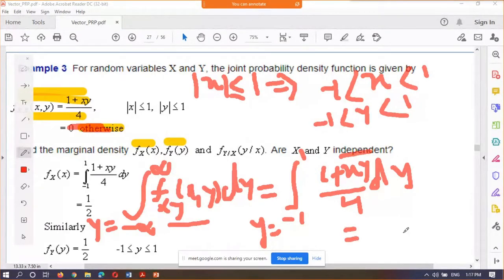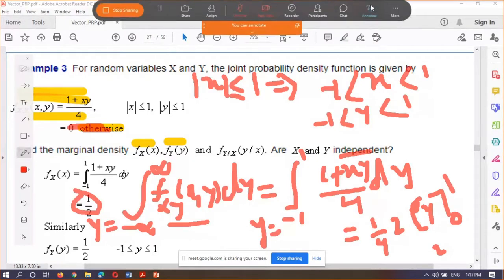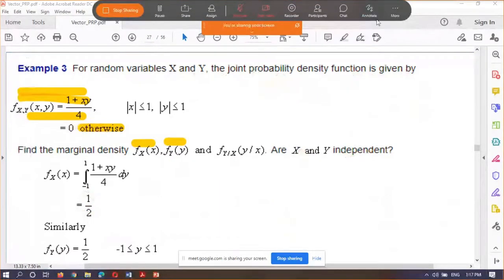So this integration is like 1 by 4 into 2 times, and I am doing integration also over y with limit 0 to 1. So in the end you will get 1 by 2. So this is the way you calculate your marginal.